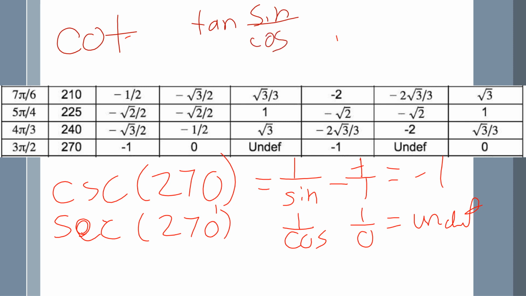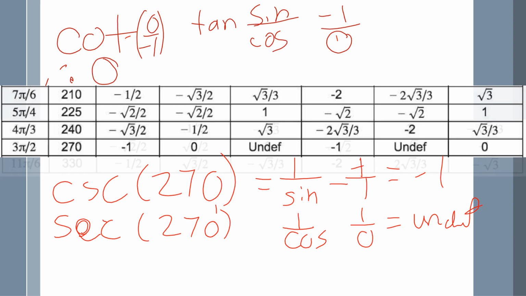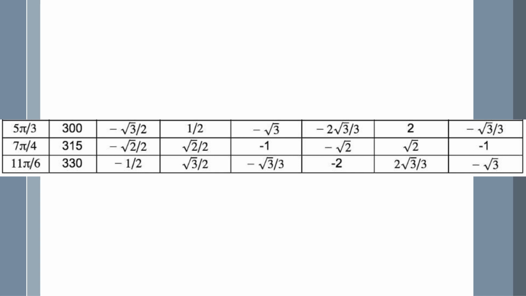So sine is -1, and then cosine is 0. Well, guess what? For cotangent, you have to flip it over, which is going to be 0 divided by -1, which we know is 0. That's my final answer. And that's it. And that's quadrant 4.